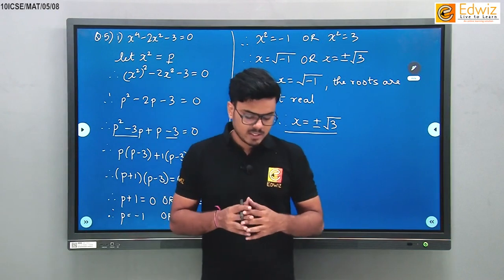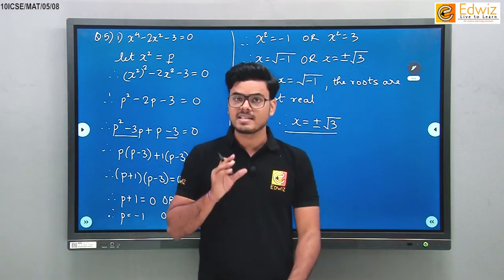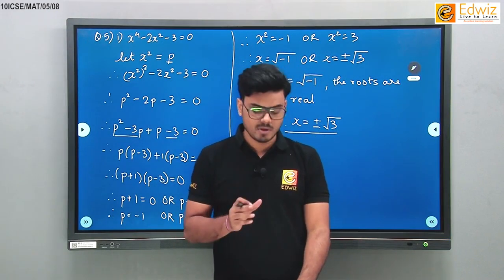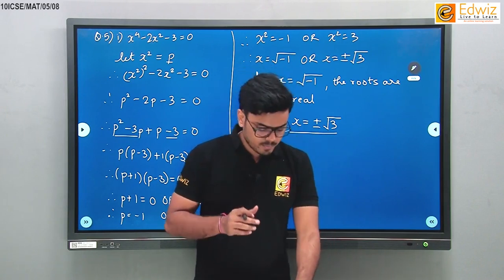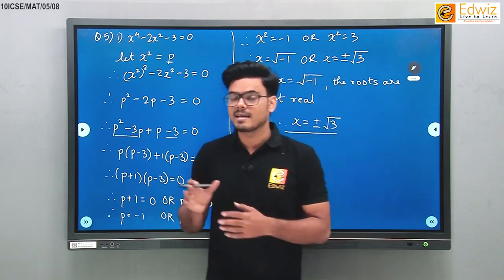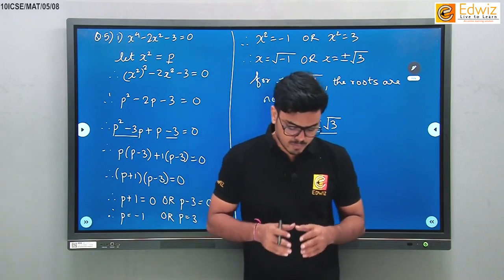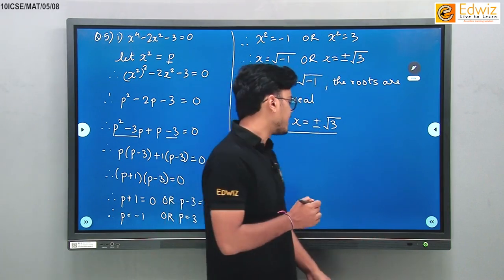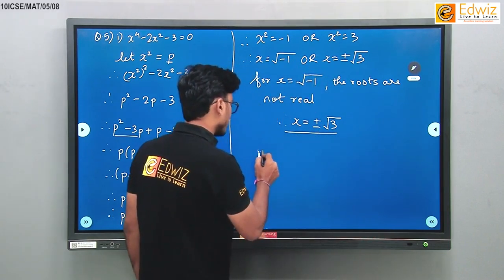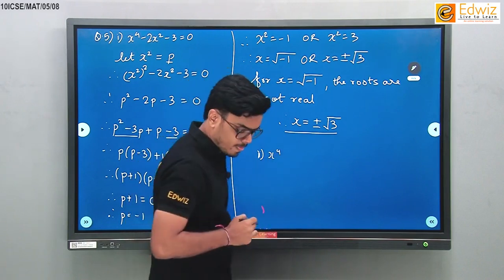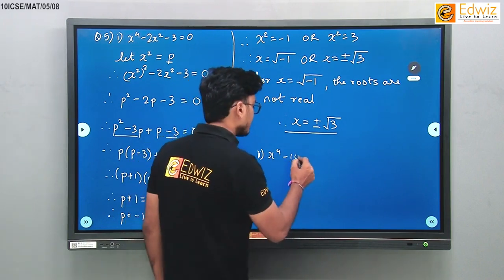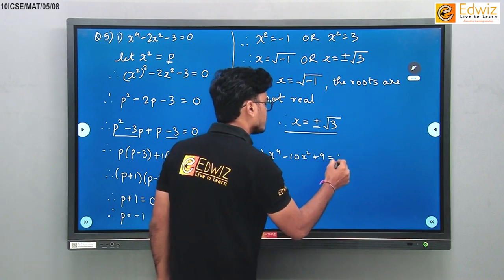Okay, moving on to the next question, students. It's a very similar question. X raised to 4 minus 10x square plus 9 equal to 0. So I'll again leave this question up to you. Question number 5, second one, I'll write the question for you. X raised to 4 minus 10x square plus 9 equal to 0.